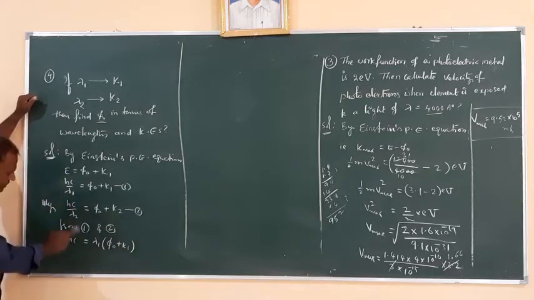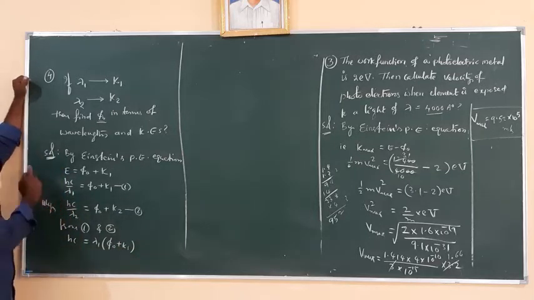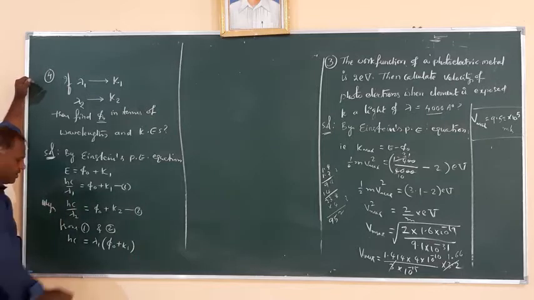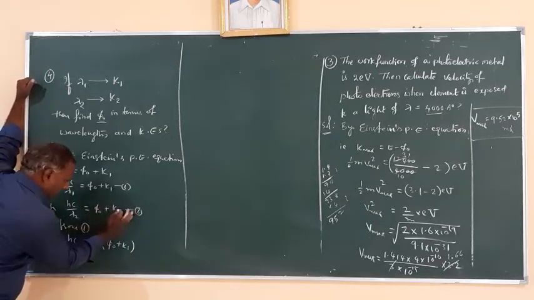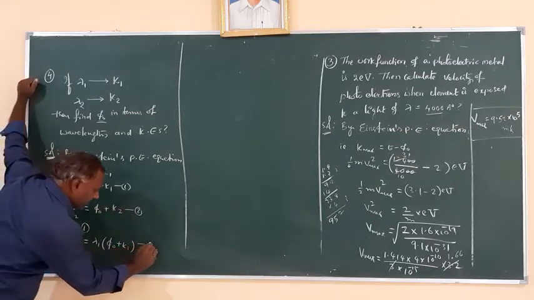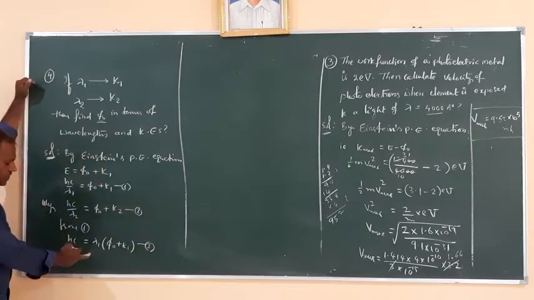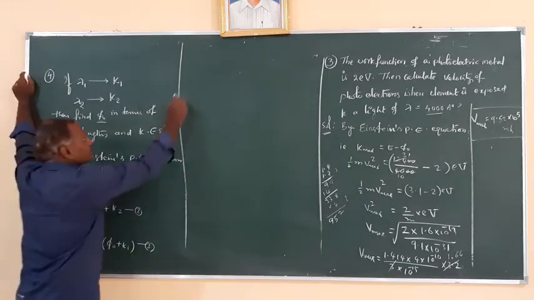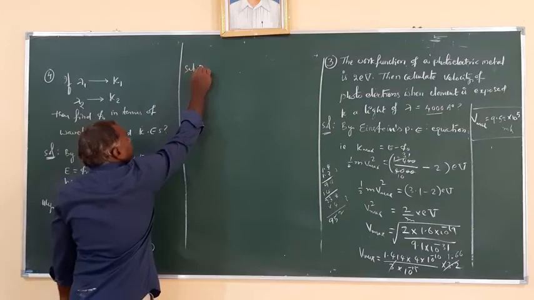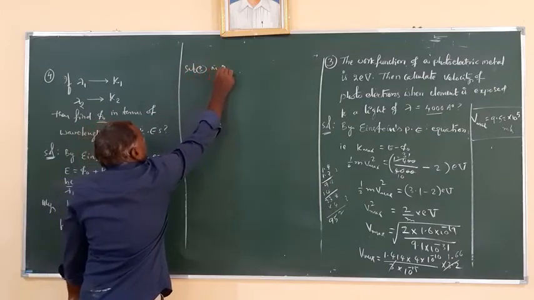So this hc value can be put in the second equation, right? From 1 I can write this, and take it as the third. So substitute 3 in 2.